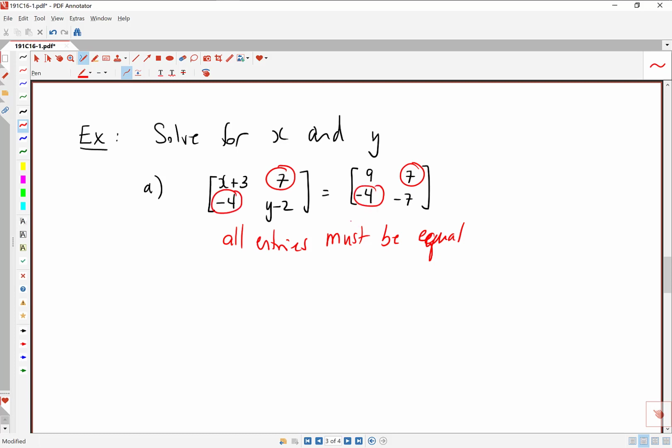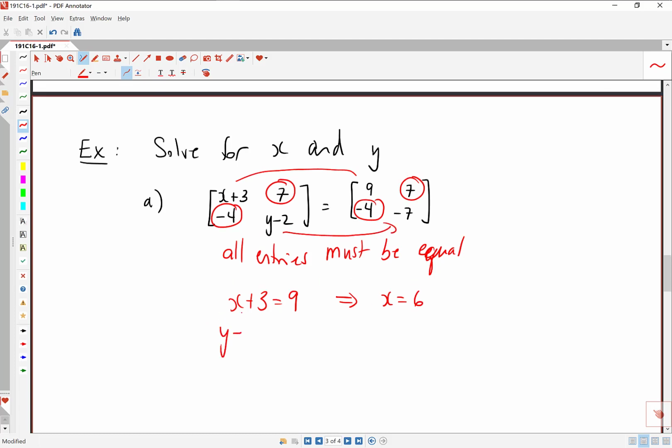Yep, so we're good there. And then it must be true that x plus 3 is equal to 9. So that tells us that x must equal 6. And then if we look at the bottom right, y minus 2 must equal negative 7. So that means y must equal negative 5. And that way we're able to solve for both x and y.